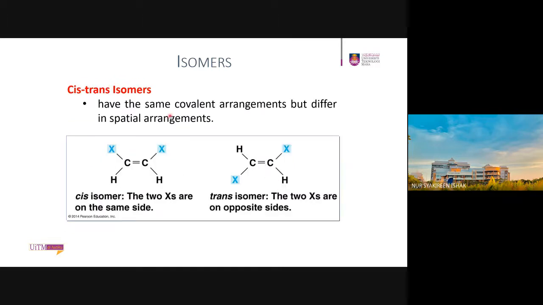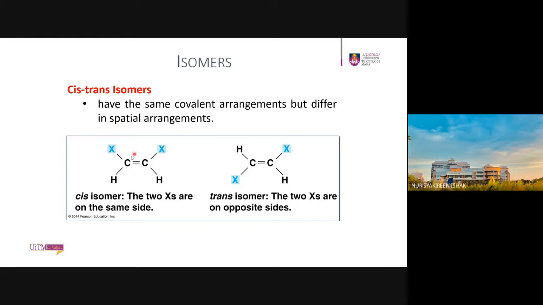So the next one is cis-trans isomers. Cis-trans isomers have the same covalent arrangement but differ in spatial arrangement. You have two types, which are cis isomers and trans isomers. For cis isomers, the two X's are on the same side.